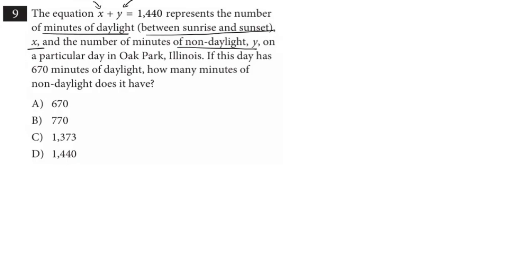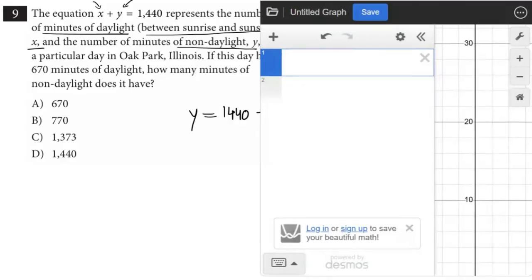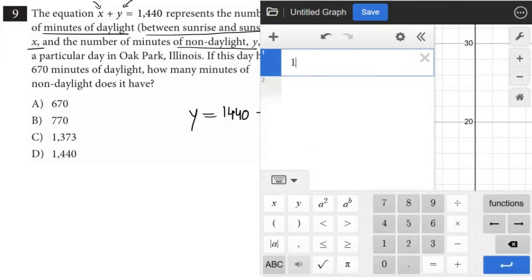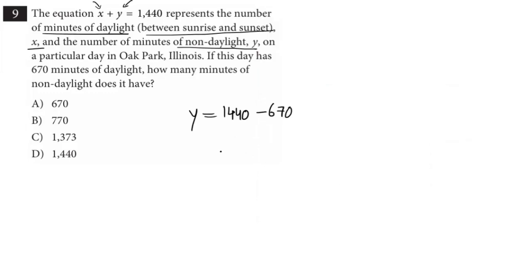If this day has 670 minutes of daylight, how many minutes of non-daylight? So we need y. It's going to be 1440 take away 670. I can just use the graphing calculator to get this value. 1440 minus 670, so the answer is 770. B is the correct answer.